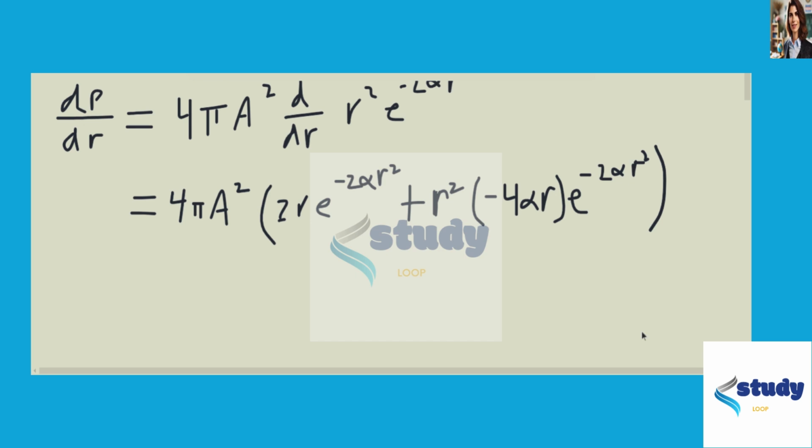Okay, so setting this equal to 0 and simplifying, we have A squared times r times e to the minus 2 alpha r squared minus 2 alpha r to the third times e to the minus 2 alpha r squared.